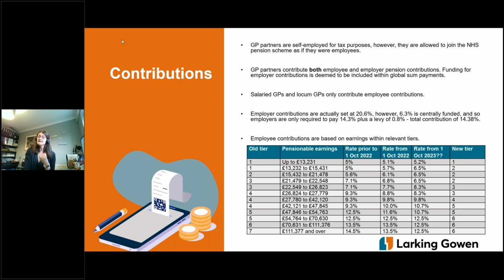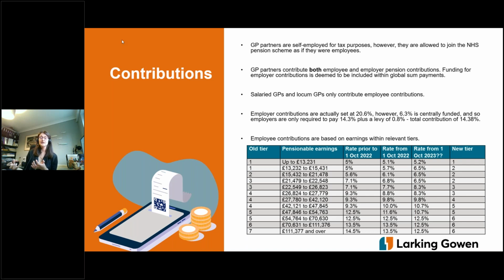Okay, so let's just look at how much this scheme costs, how you pay for your defined benefit. So as a GP partner or a principal, your contract holder, you are self-employed for tax purposes. Now, the NHS pension scheme is an employment scheme, but you are allowed by concession to join that NHS pension scheme as though you're employees.